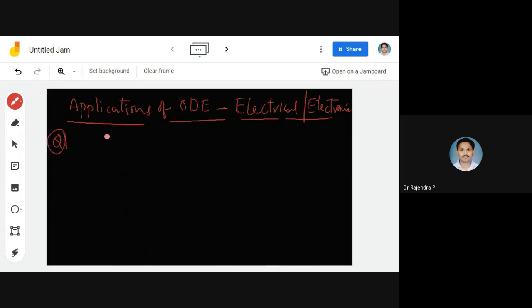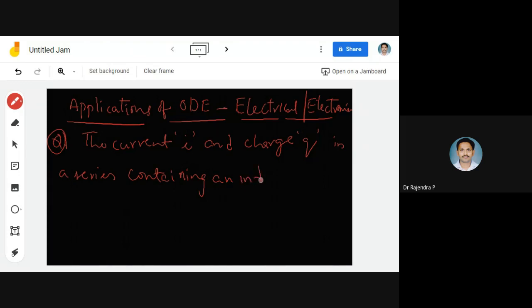First one: let me take the current I and charge Q in a series circuit containing an inductance L, capacitance C, and of course EMF E, which satisfies the differential equation.